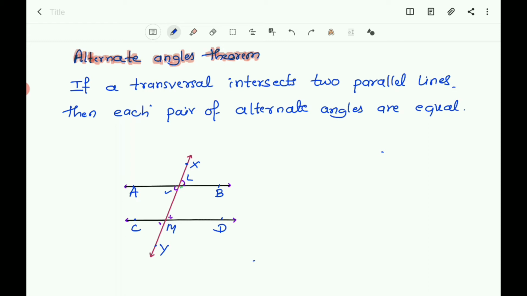Here in this figure, it is taken that AB is parallel to CD.